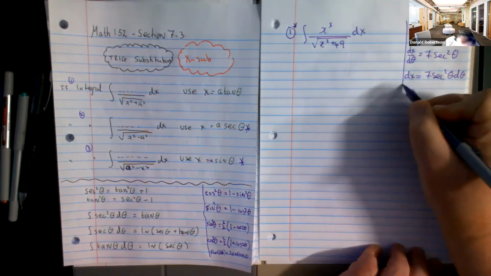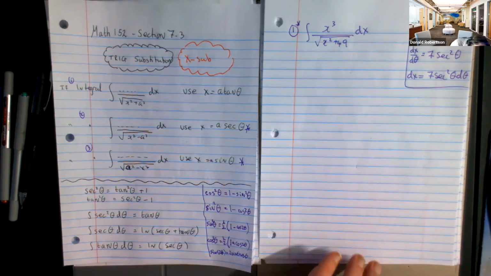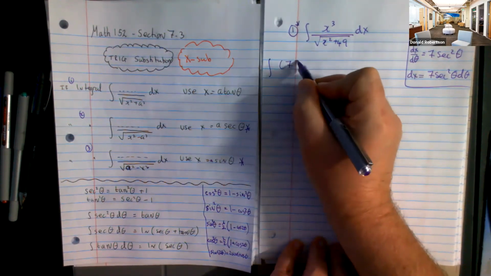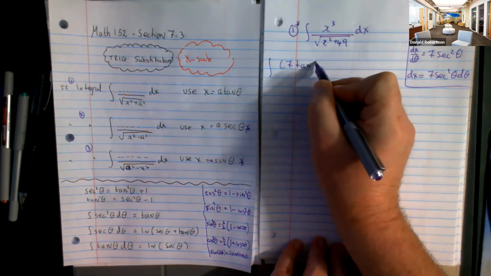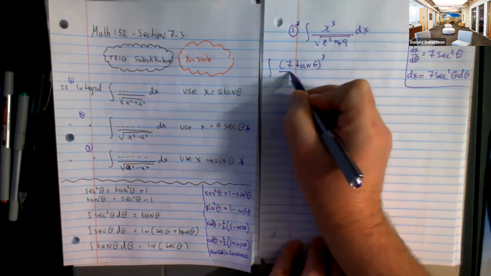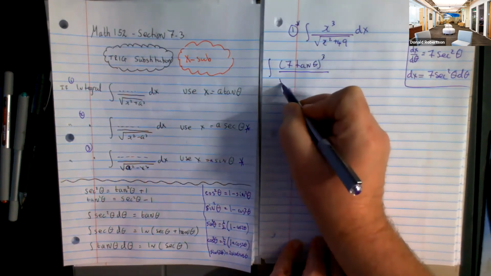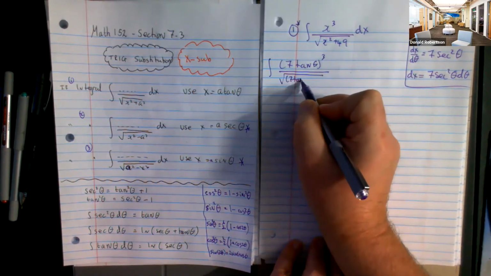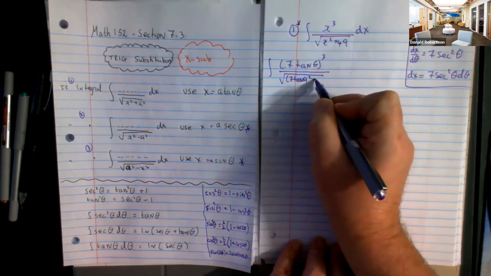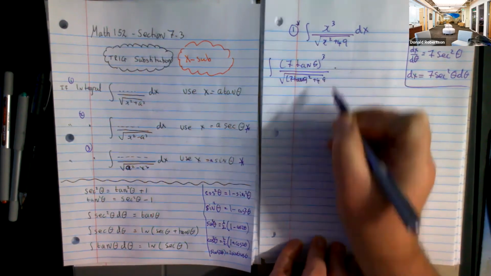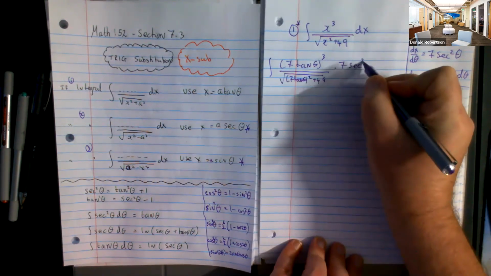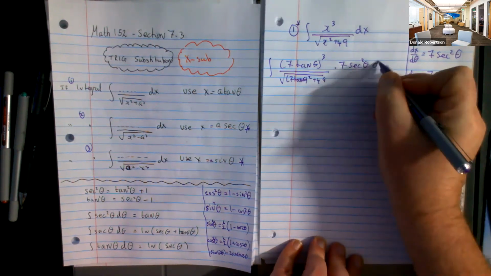There's your dx on its own. Instead of x cubed, I'm going to have 7 tan theta cubed. The bottom's going to be square root of 7 tan theta squared plus 49. And the dx is going to be 7 secant squared theta d theta.